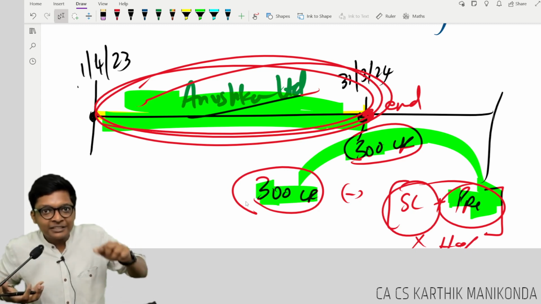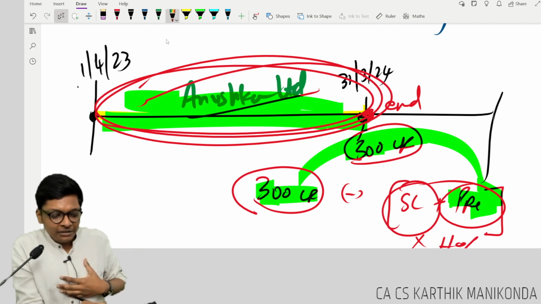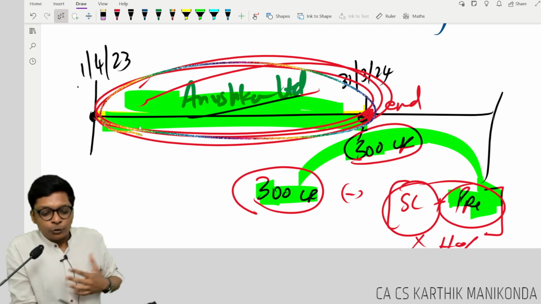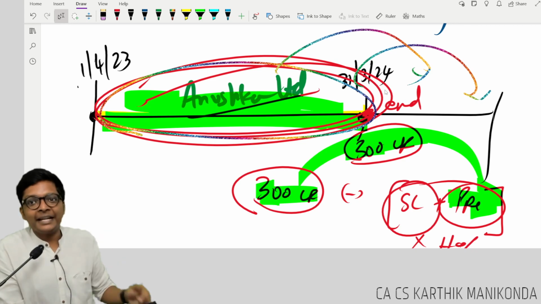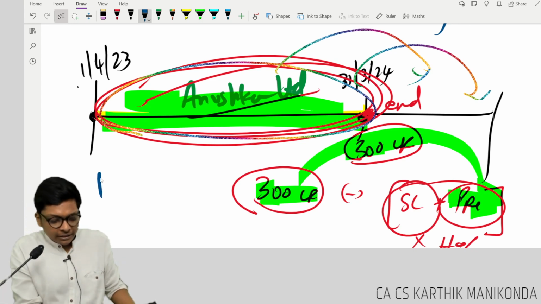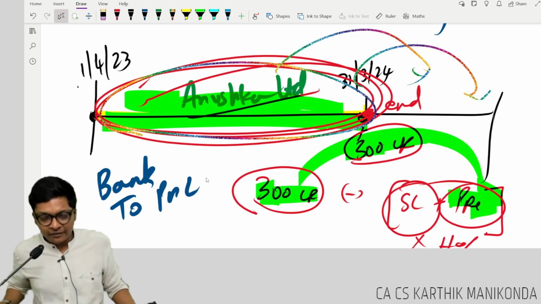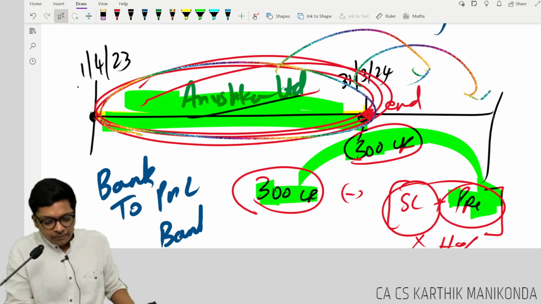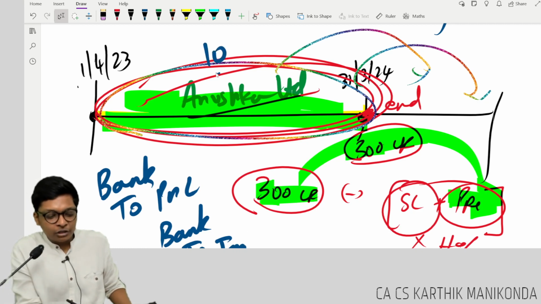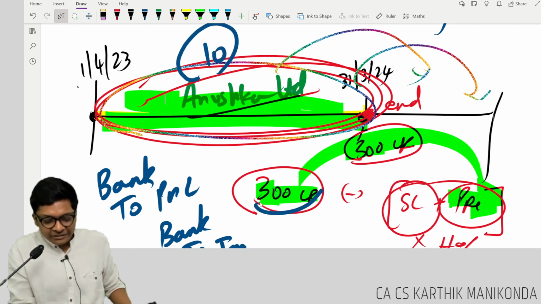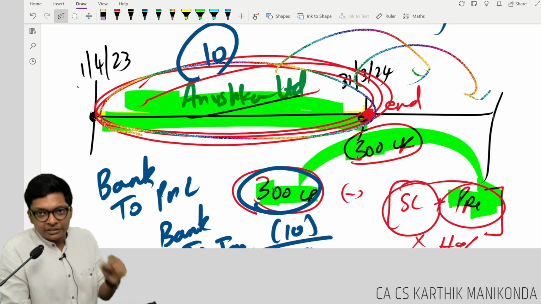So you purchase the profits. Now from that profits, tomorrow if Anushka is declaring dividend, Virat, instead of writing bank to P&L for dividend, will write bank to investment. Let's say Anushka declared dividend of 10, investment value instead of 300 will be reduced by 10, it becomes 290.